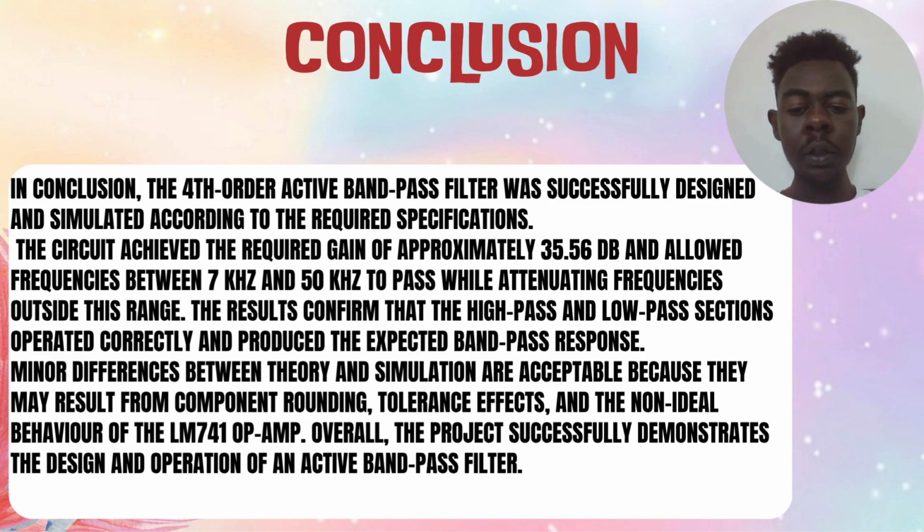In conclusion, the fourth order active band pass filter was successfully designed and simulated according to the required specifications. The circuit achieved the required gain of approximately 35.56 dB and allowed frequencies between 7 kHz and 15 kHz to pass while attenuating frequencies outside this range. The result confirms that the high pass and low pass sections operated correctly and produced the expected band pass response.